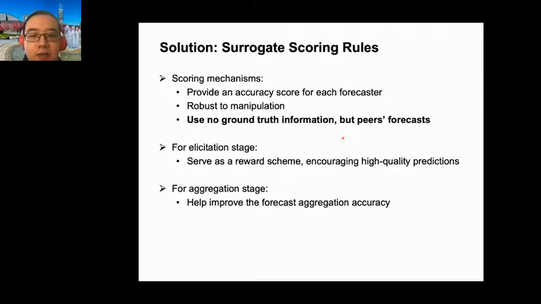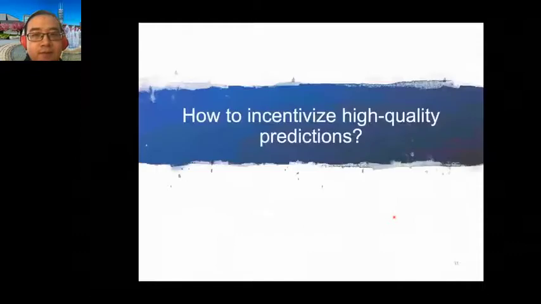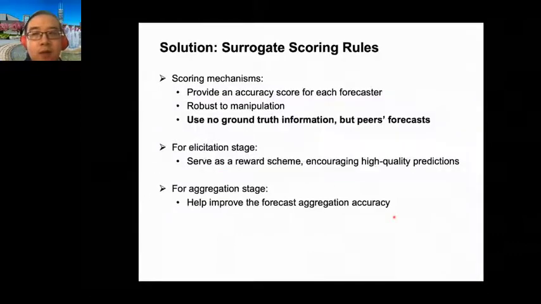Our main result is that for the elicitation stage, our surrogate scoring rule can serve as an effective reward scheme, and it will encourage high-quality predictions. And in the aggregation stage, it will also help improve the aggregation accuracy because it will tell us which forecasters are more likely to be accurate. In the following, I will introduce these two problems one by one in detail.